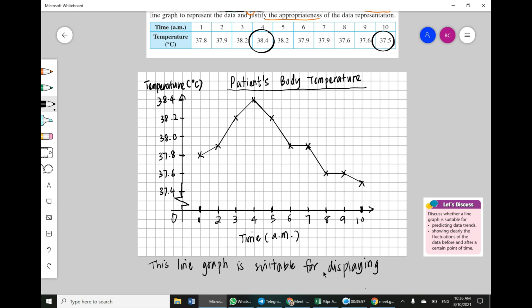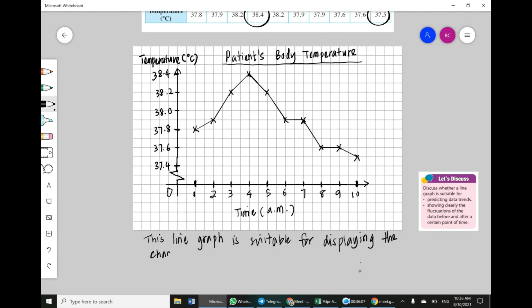So this line graph is suitable for displaying the changes in a patient's body temperature over a period of 10 hours. Okay, so we have done the justification.